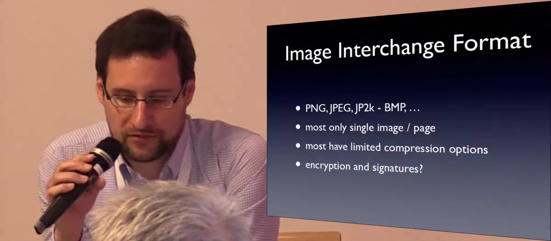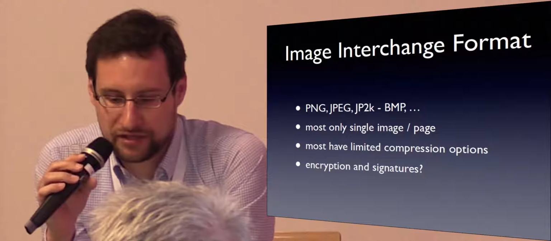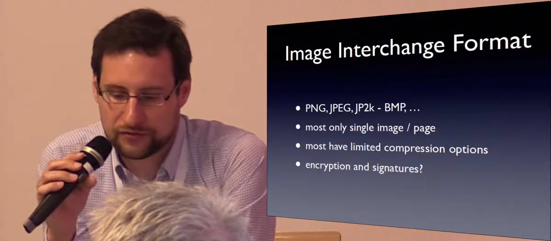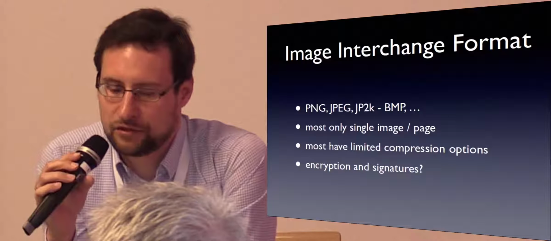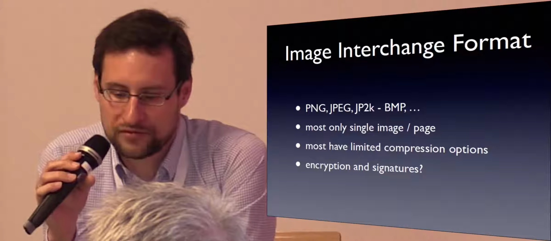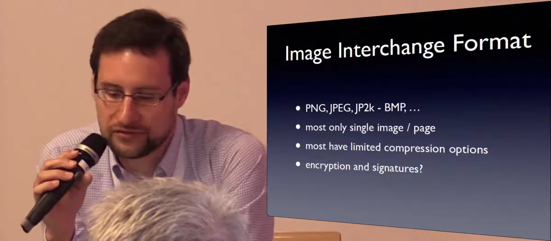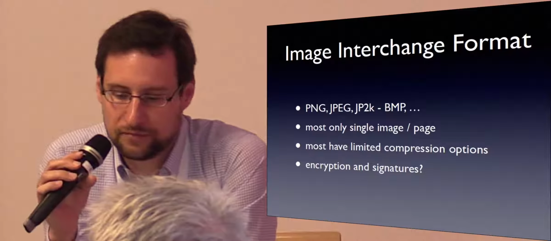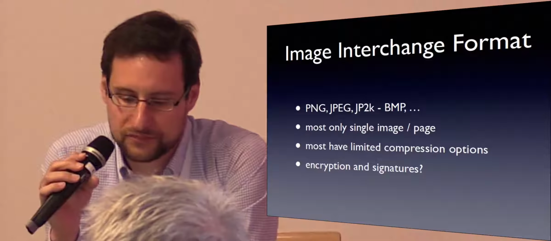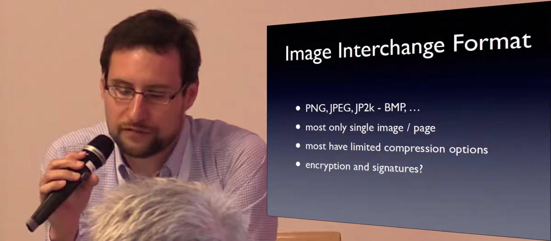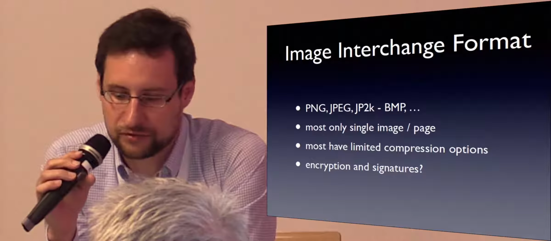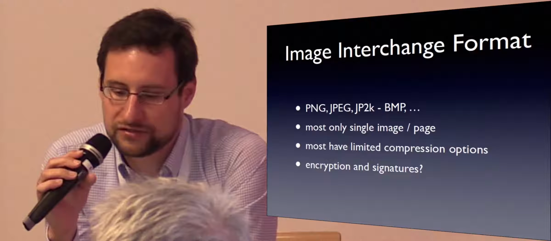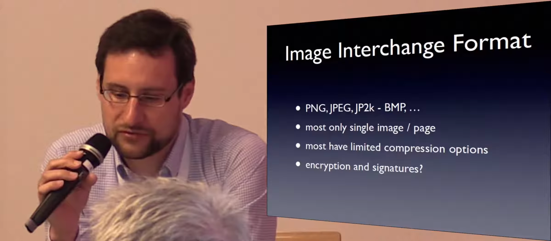Of course there are other possibilities: PNG, JPEG, JPEG 2000, Windows bitmap, but they all have a problem. The first problem is most of them only allow storing a single page. Obviously, usually people scan more than one page, so that's also an issue. And they all have limited compression options. PNG is always separate, JPEG obviously is JPEG, JPEG 2000 is JPEG 2000.